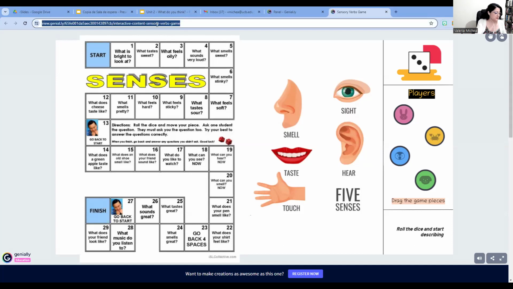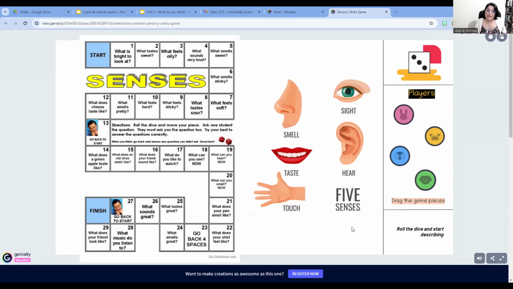So what are we going to do? I'm going to send you the link for this. It's for everyone. Let's go there. And of course, we're going to go to the small rooms because we need to play in teams. You cannot play alone. All right, so let's go to the link. Let me start giving you permission to share your screens. At least one person needs to share, so it's more fun.